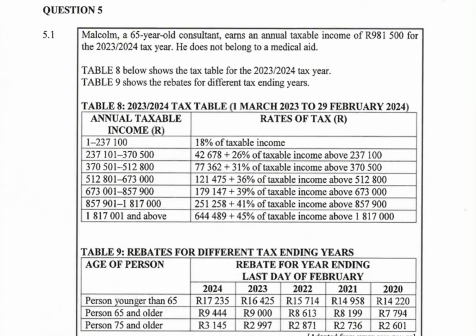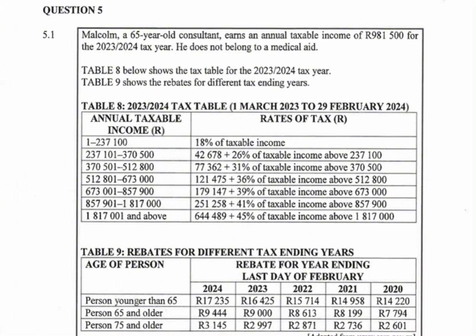Malcolm, a 65 years old consultant, earns an annual taxable income of 981,500 rands for the 2023-2024 tax year. He does not belong to a medical aid. That statement is very much important.